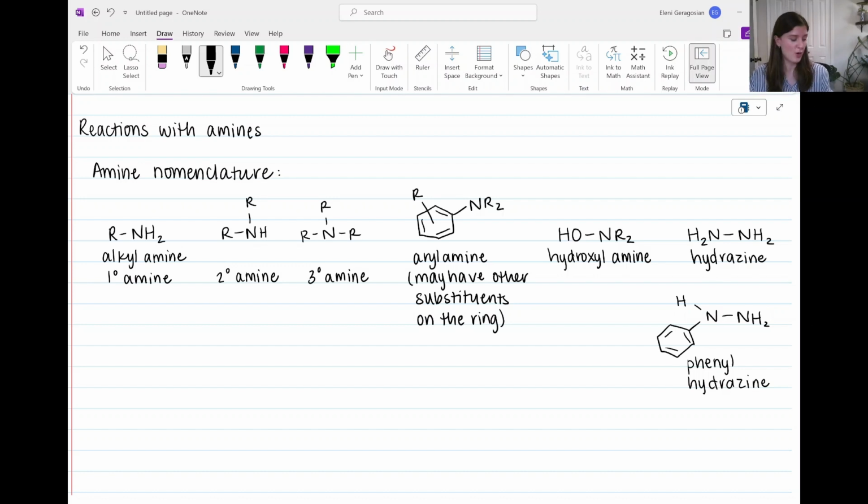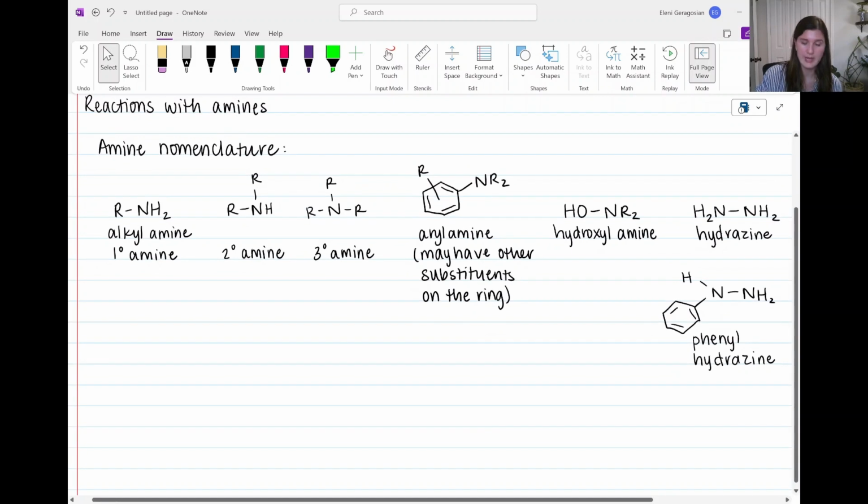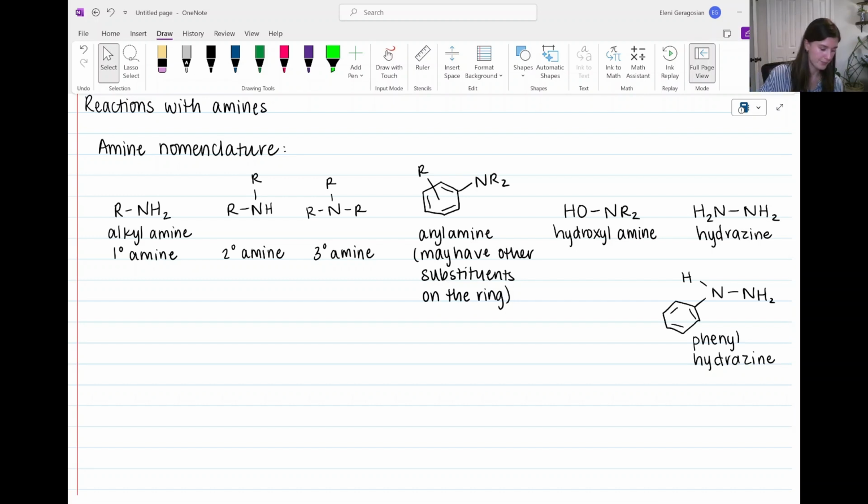So here's some amine nomenclature, and then before going through the mechanism, we'll look at the reaction scheme of aldehydes and ketones with amines, a couple of examples, and then the mechanism. So here's a general reaction scheme.